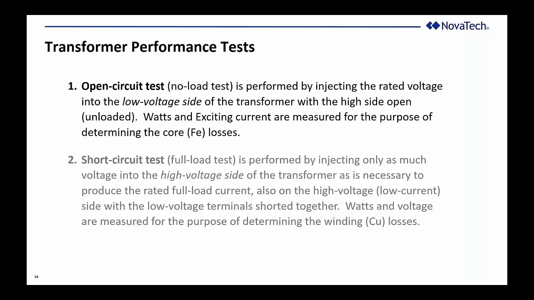The manufacturer may choose, depending on the application, to use a heavier gauge wire or a smaller gauge wire. He might choose a larger gauge wire on the low voltage side because it carries more current than the high voltage side.